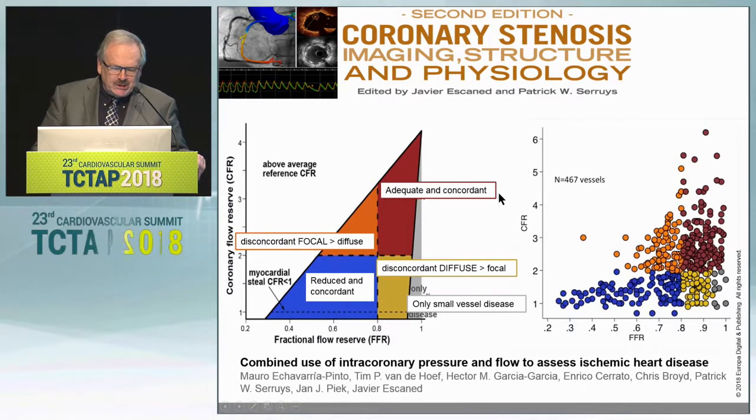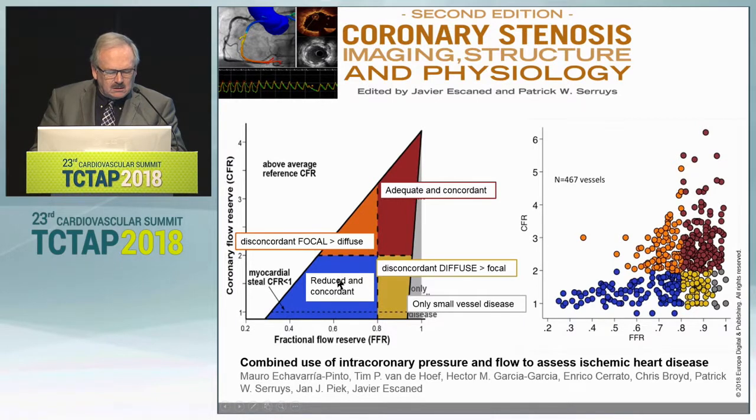And as you could see today, we are still using this combination of FFR and CFR, and you can basically describe 5 regions: the region adequate and concordant above 2 and above 0.8.